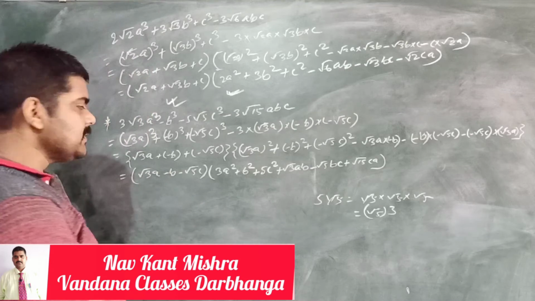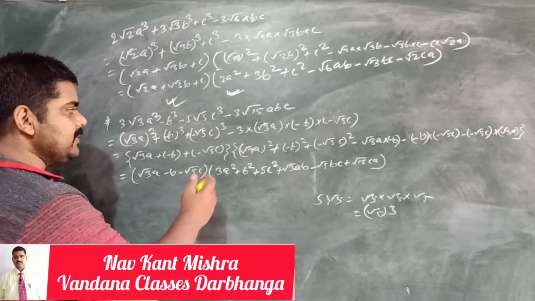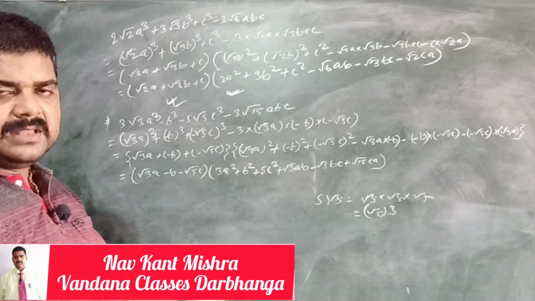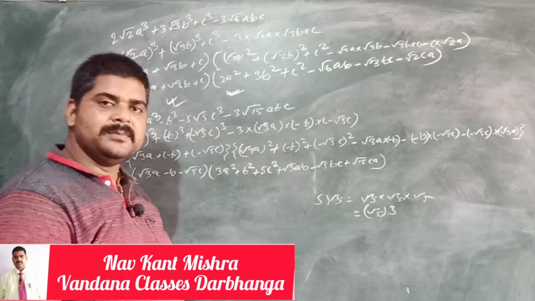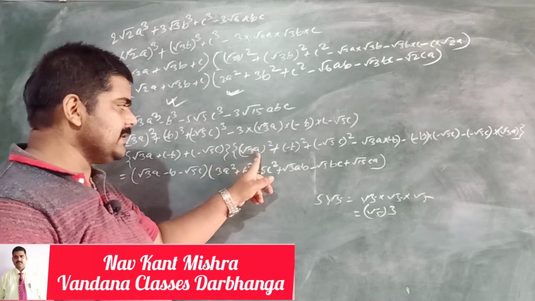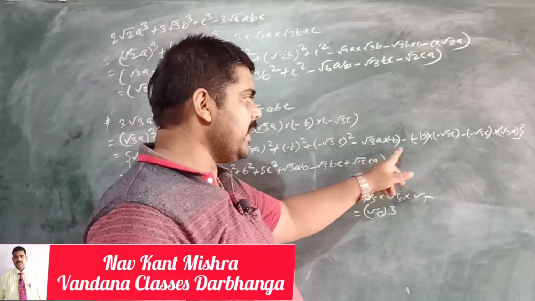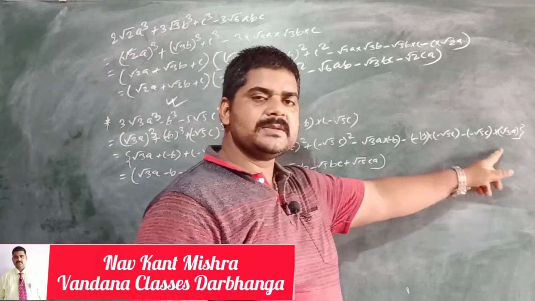And when it is expressed in the form of x cube plus y cube plus z cube minus 3xyz, you know very well that it can be written as x plus y plus z into x square plus y square plus z square minus xy minus yz minus zx.